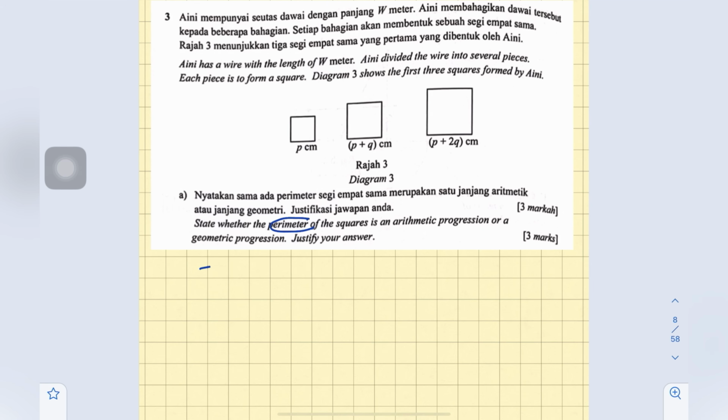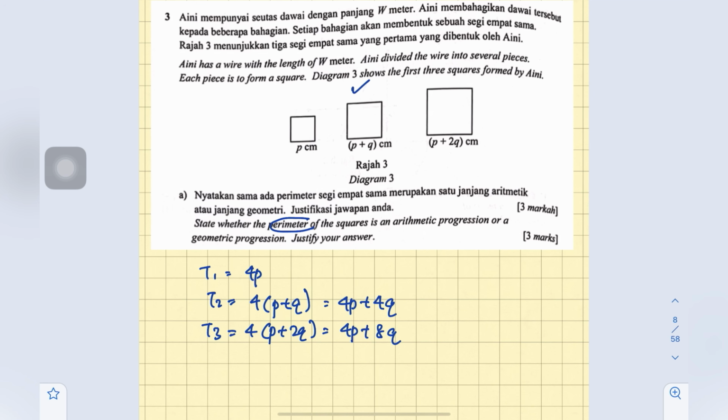So for the first one, T1, perimeter is 4 sides of P kan, so 4P. So T2, for the second square, so we have 4 sides as well, so P plus Q become 4P plus 4Q. Okay, so then T3, 4 times P plus 2Q, which is equals to 4P plus 8Q. Okay, so we try to find the common ratio or common difference.